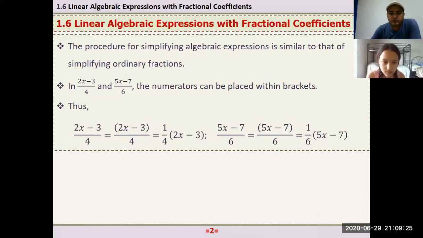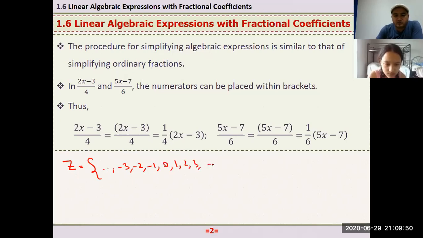Now we are going to learn a similar thing, but this time the coefficients are fractions, not whole numbers or integers. When we say integers, we mean Z, the set of integers: like negative 3, negative 2, negative 1, 0, 1, 2, 3.